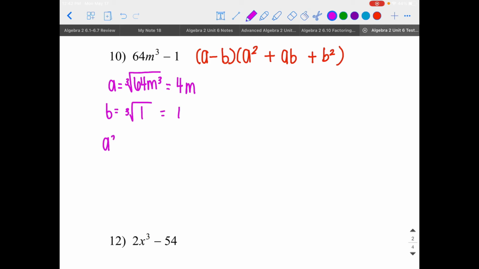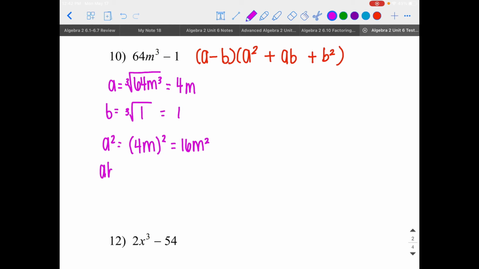Then we got to do a squared. That's 4m squared. And we just square both 4 and m. That would be 16m squared. Because 4 squared is 16, and, well, m squared is m squared.